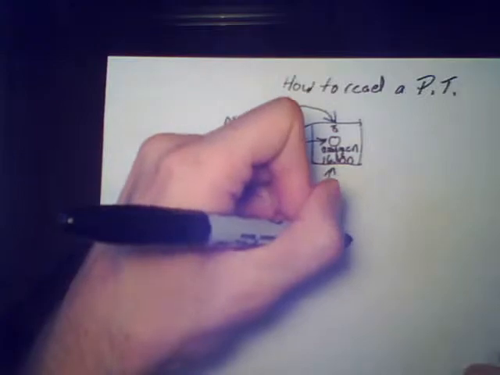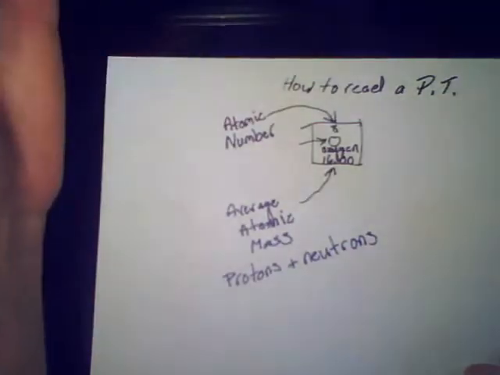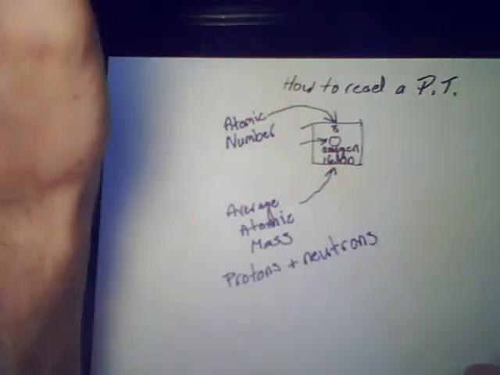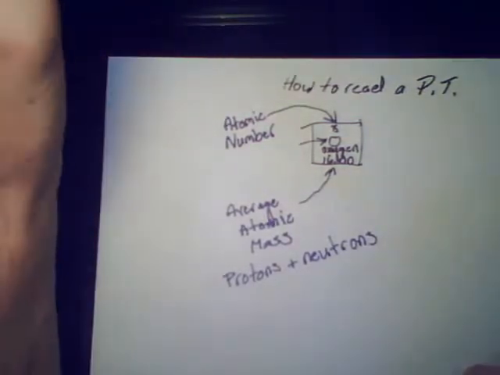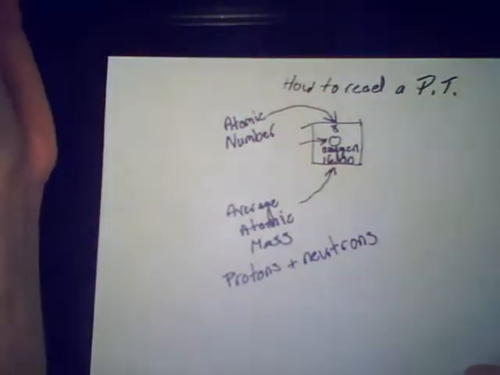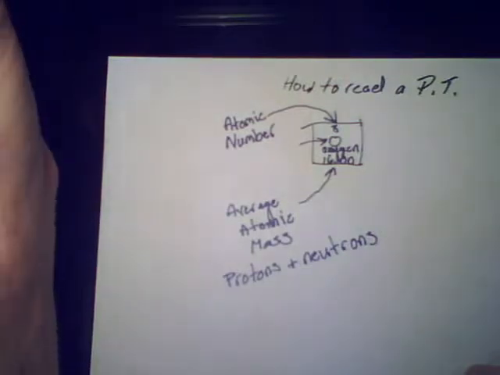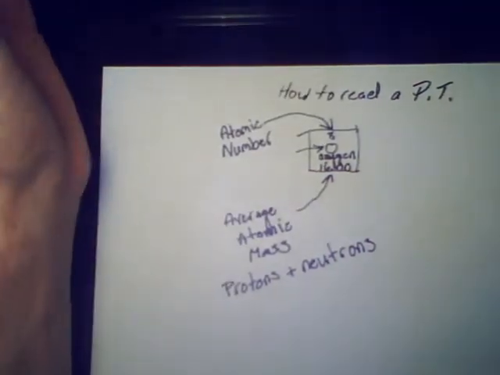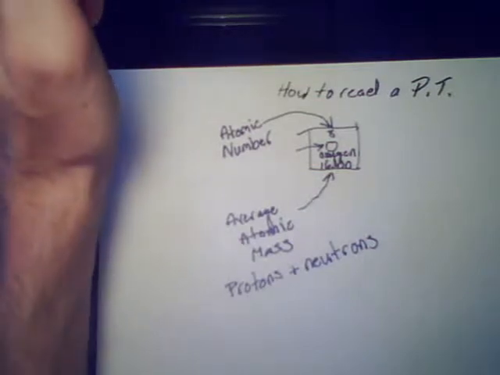And like we said, we'll have varying numbers of neutrons. So if it's 14.98 or something like that, then that is because there are different neutrons which are involved. So that's how to basically read an element on the periodic table.